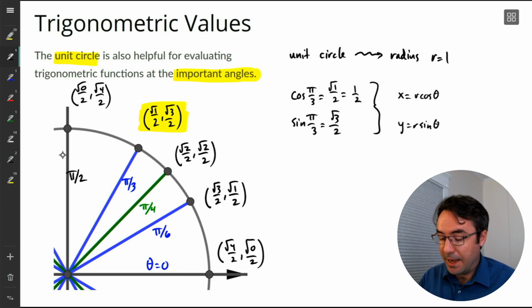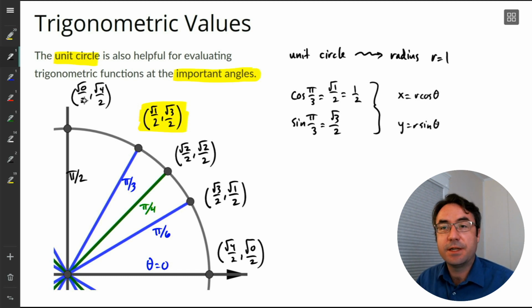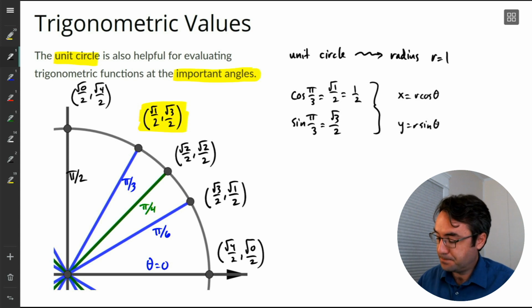So really, on the unit circle, all of these points, the x-coordinate is telling us the cosine value at that angle, and the y-coordinate is telling us the sine value at that angle.